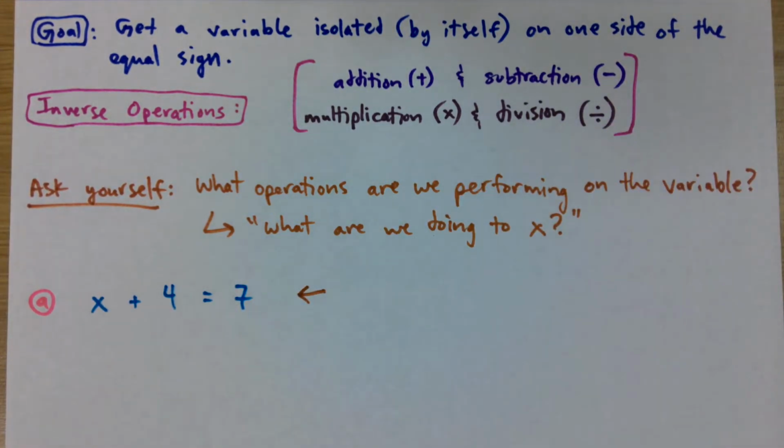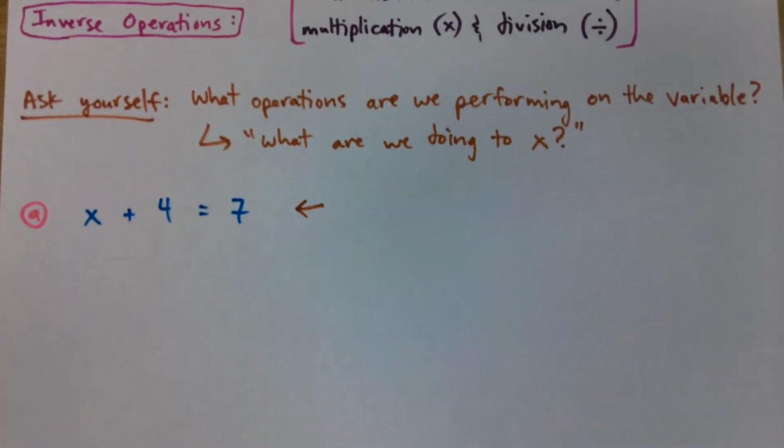So, we got x plus 4 equals 7. Again, a lot of you may be able to look at this and immediately know what our x is equal to, right? What's our x going to be equal to here? 3, right? 3 plus 4, that's going to give us 7. That would be a true statement.